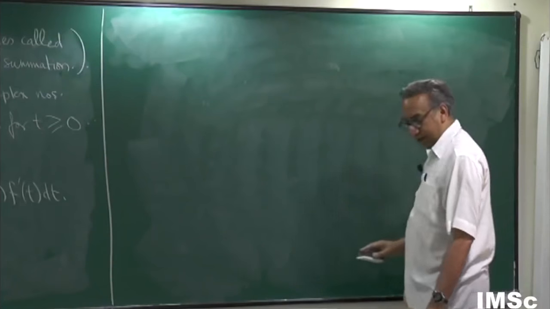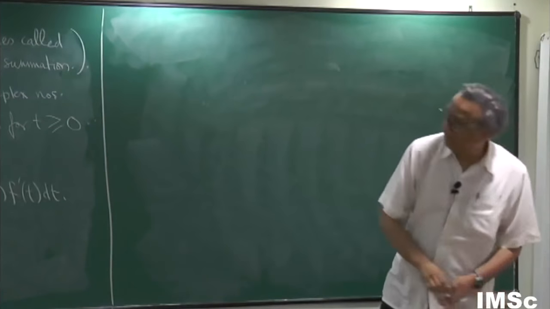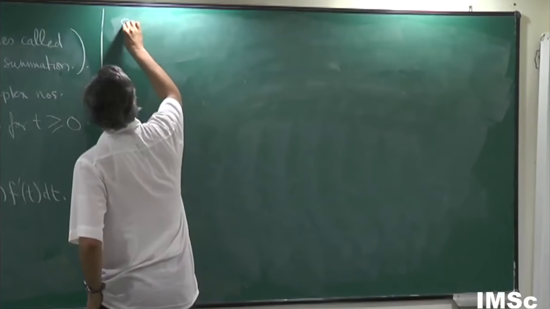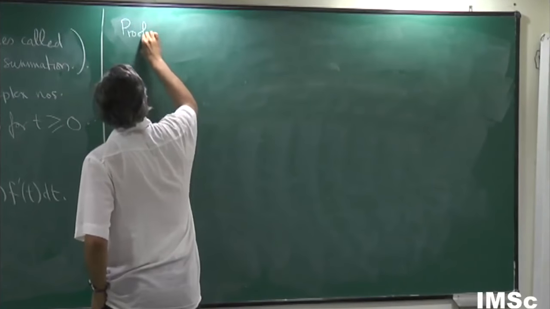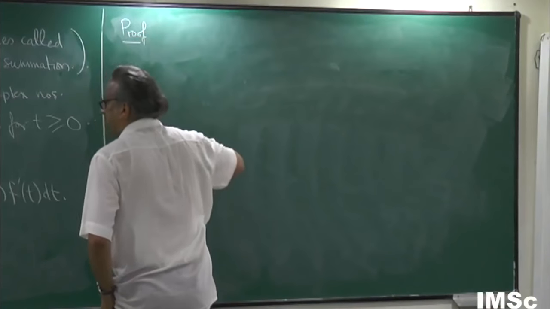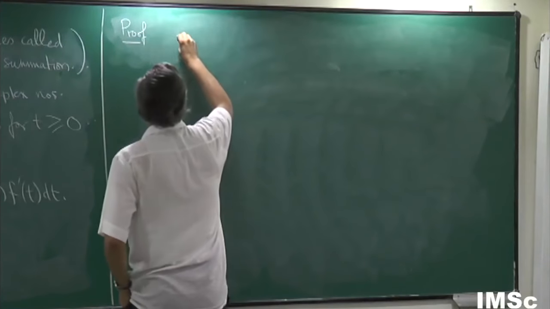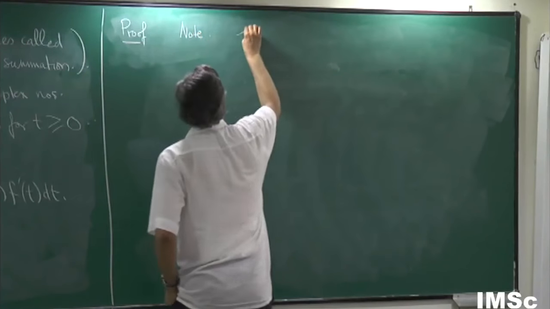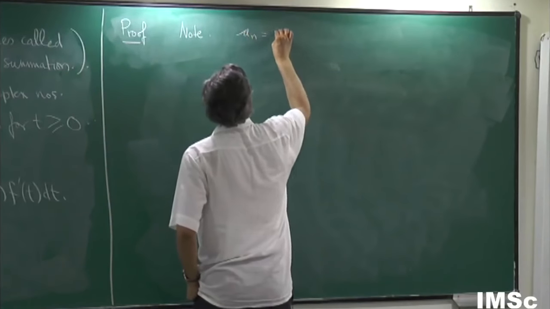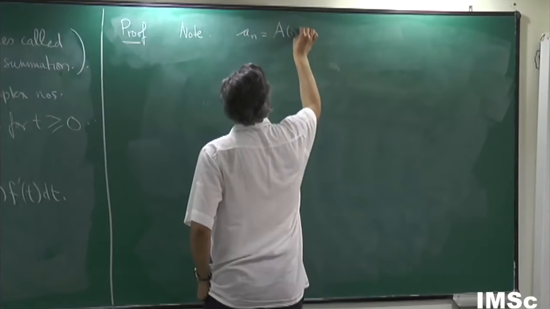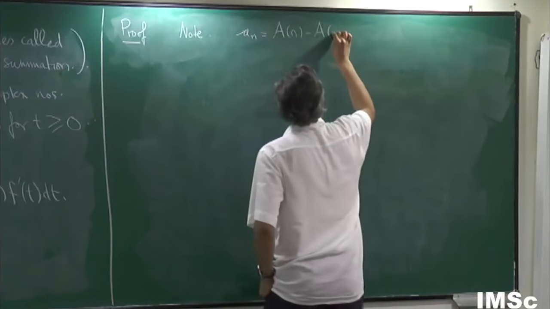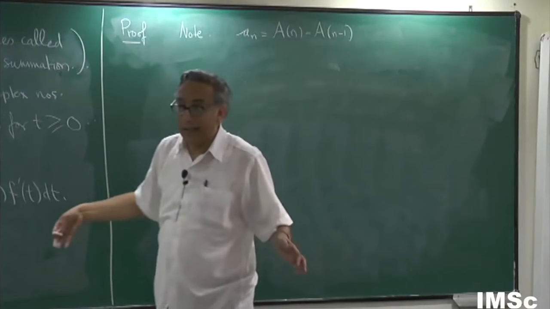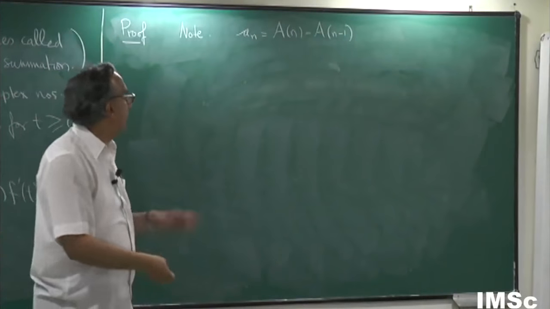Let's try and prove this. Proof is not terribly hard. So notice that a sub n is A of capital N minus A of capital N minus 1, right? I mean, you sum a1 to aN minus a1 to a(N minus 1). Okay, so it's clear.